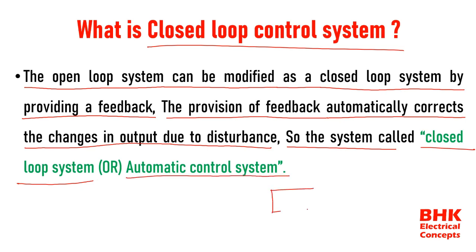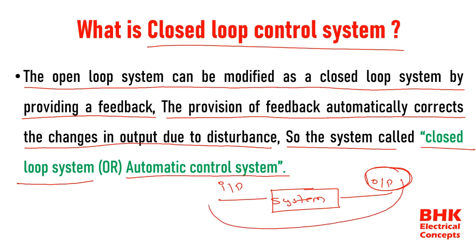It means this is the system, this is the output, this is the input. If you are not getting the output accurately, then the response we are getting is again compared with the input through the feedback concept, in order to get the desired response.